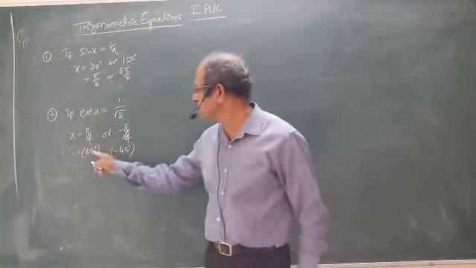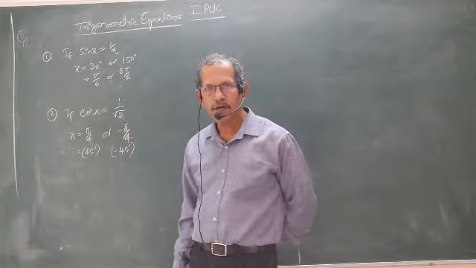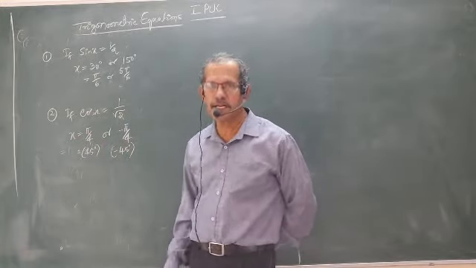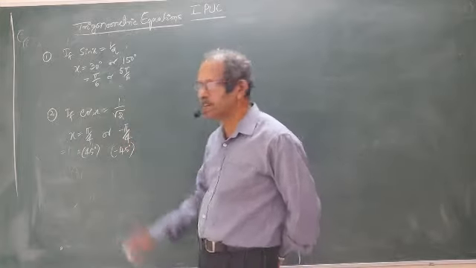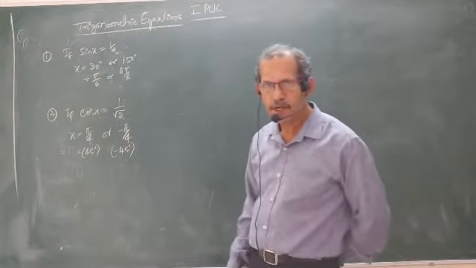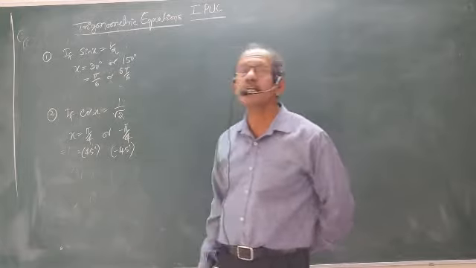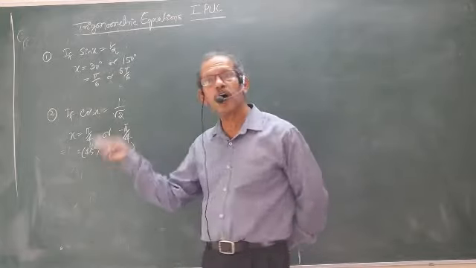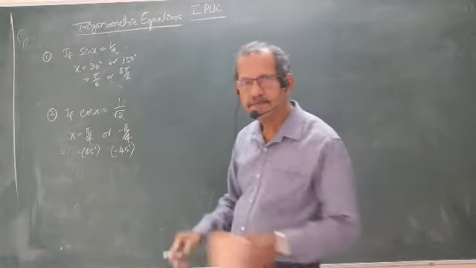There are two solutions from 0 to 360. Actually, instead of writing minus pi by 4, you could have written this as 315 degree. One and the same, minus pi by 4 or 315.